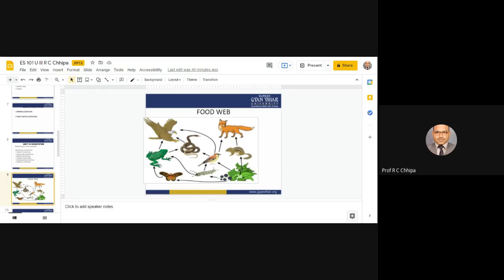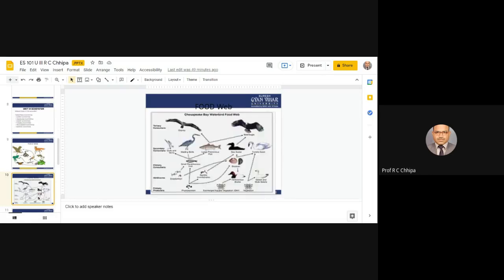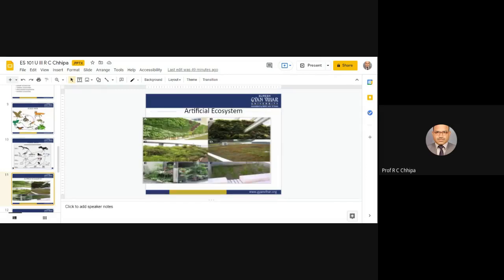Then we have to see another one: plants and squirrels and then various forest animals, various wildlife animals. This is another one, the same thing, food web.